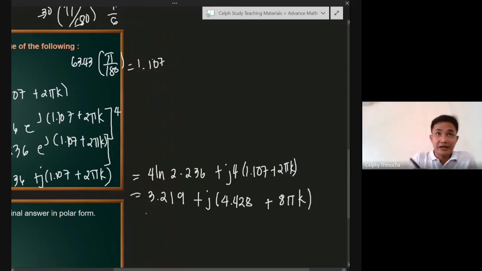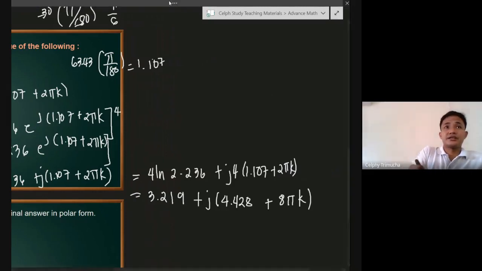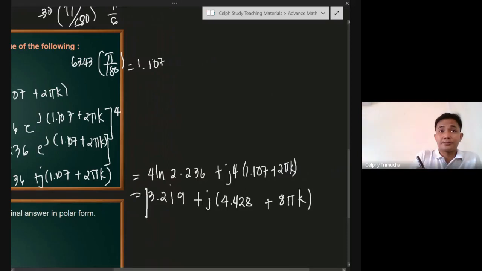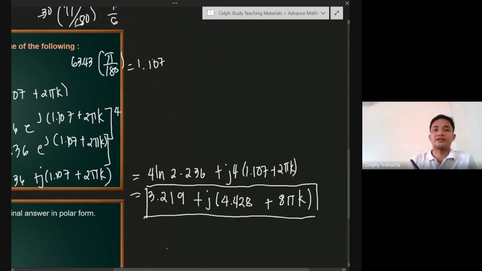This is the general form of the logarithm of our given equation, and this will be our final answer.